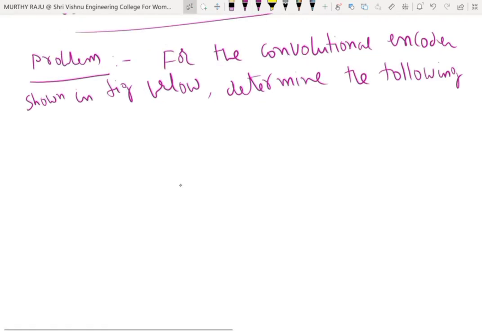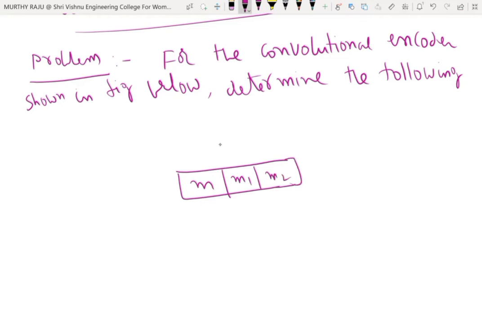This one is M1, here M2, first modulo 2 adder. Only the M bit and M2 bit, the present message bit and the last bit, that is M2, are connected to the first modulo 2 adder. Output of that first modulo 2 adder is X1.